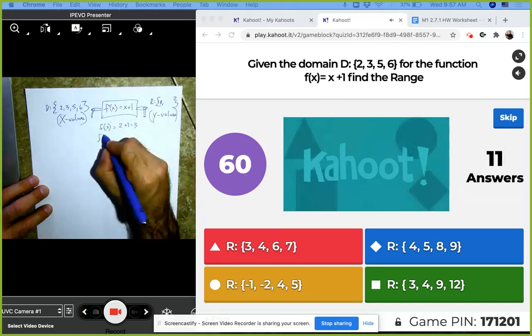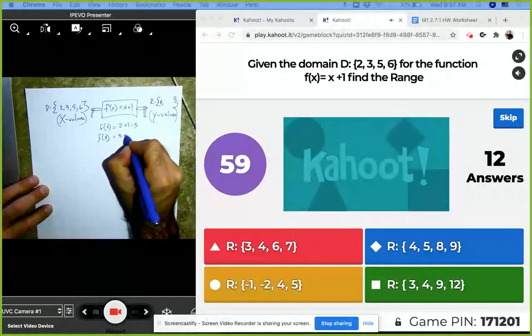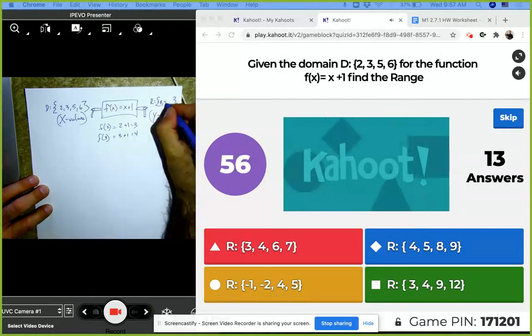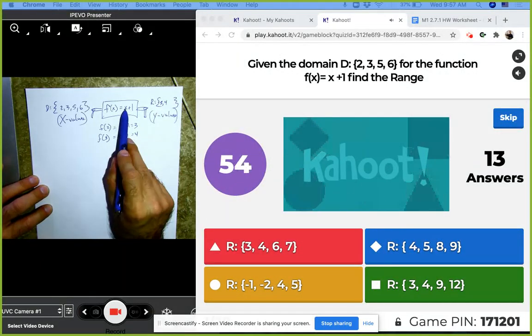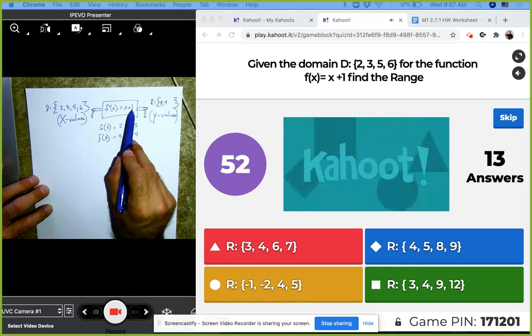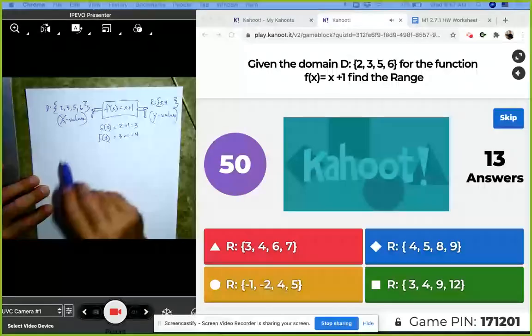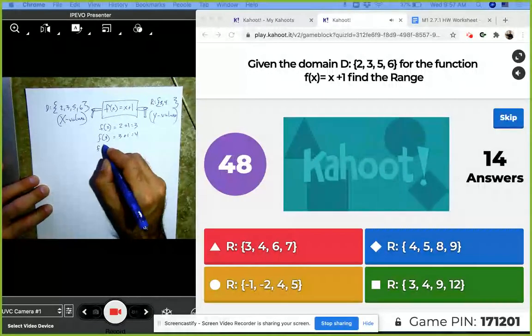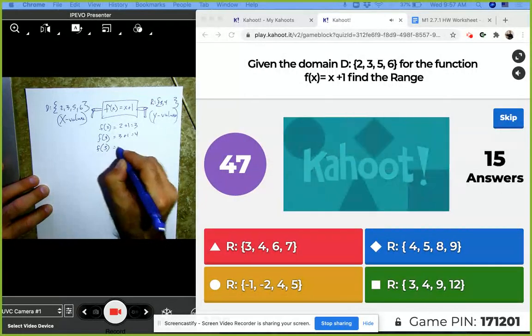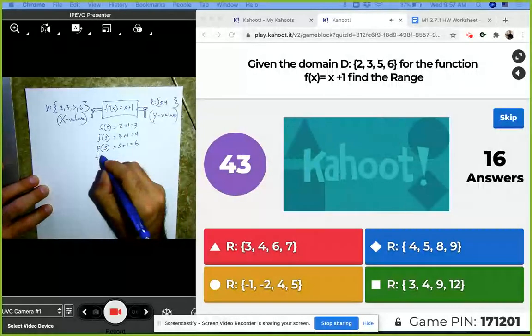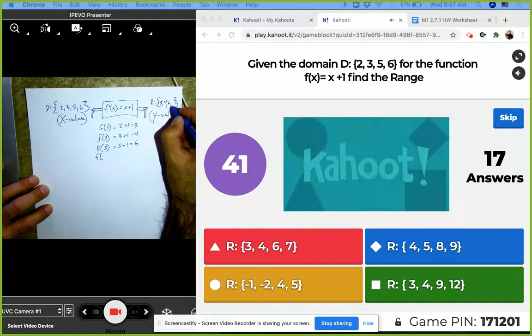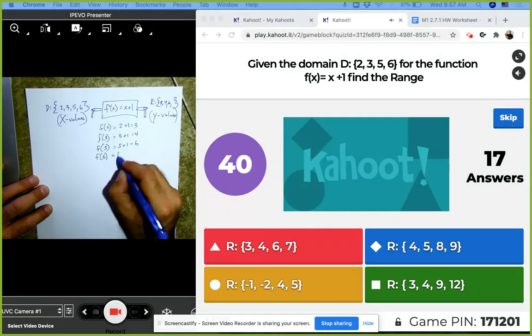If I do f of 3, I get 4. It looks like whatever we plug in for x, we're going to add 1, and that's going to be what we end up with. So I can go ahead and do f of 5. 5 and 1 is 6. F of 6, 7.